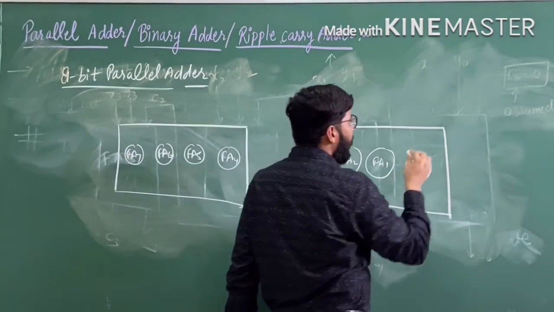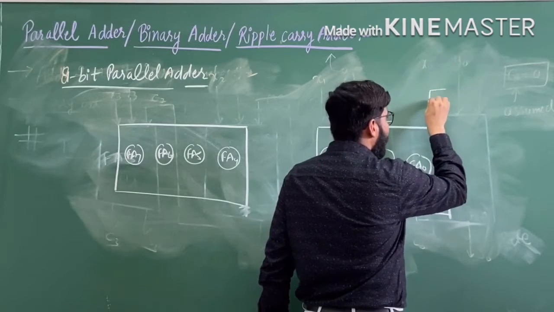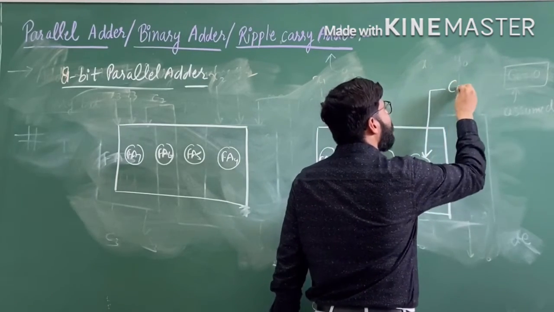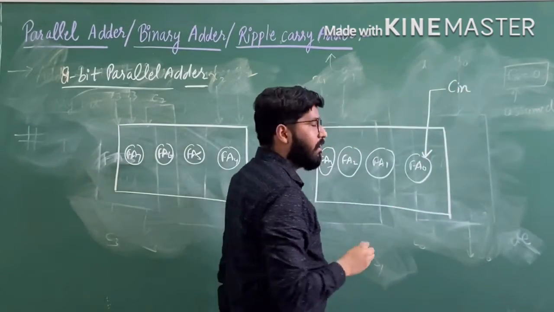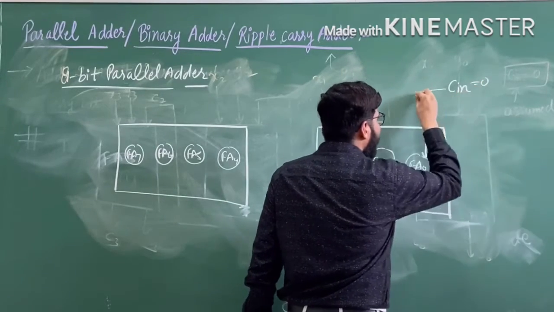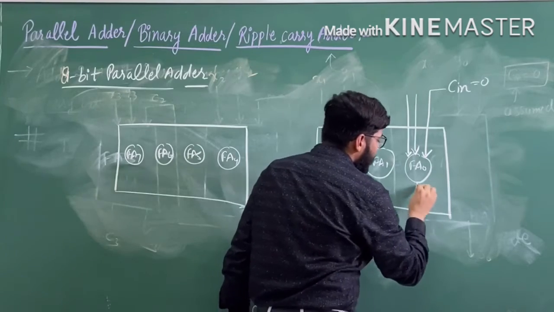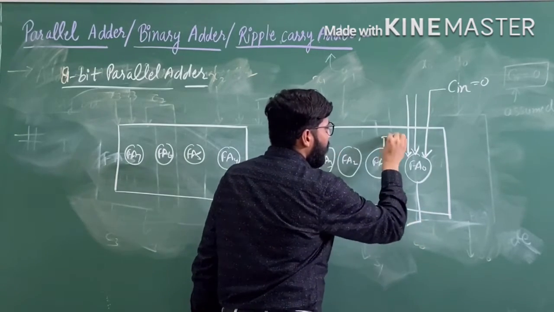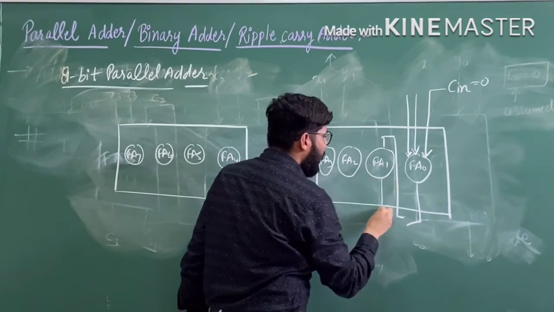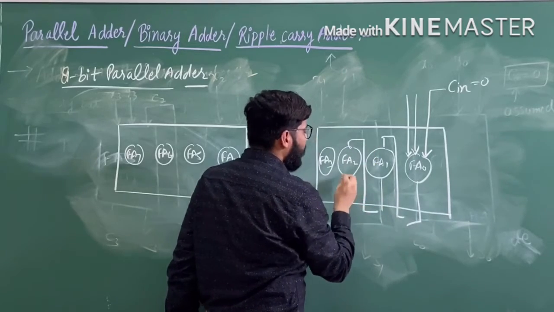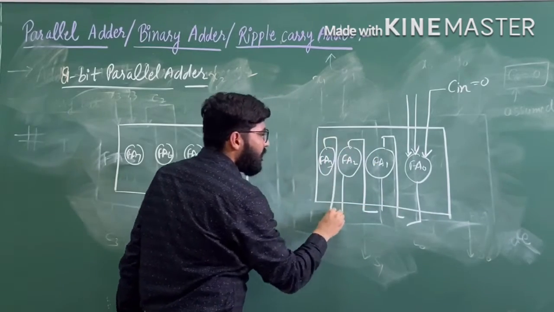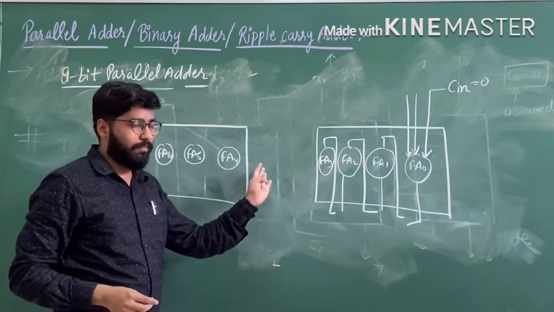Now we can give input to C input. Suppose the initial carry is 0 and we can give input to this. This input goes to here and from here we can get here. In this fashion you can see the working of the 4-bit parallel adder, in the same manner as in the previous case.